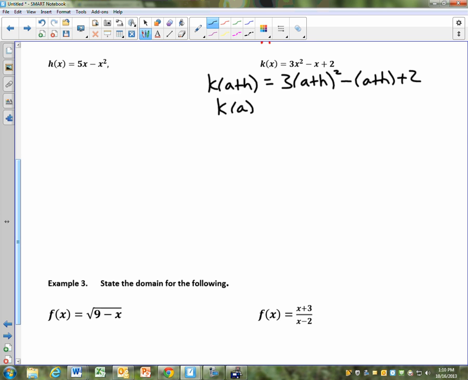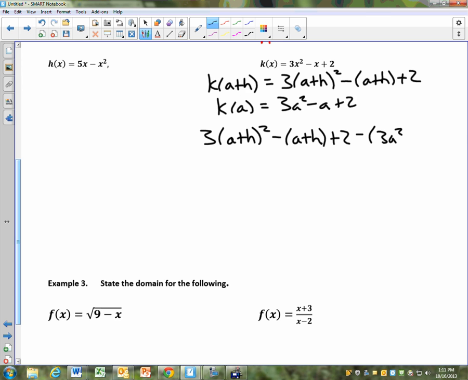What's k of a? So I take the top minus the bottom, divide by h, let's do it. Top: 3 times a plus h quantity squared minus a plus h plus 2, minus parentheses 3a squared minus a plus 2, all over h. Oh boy.